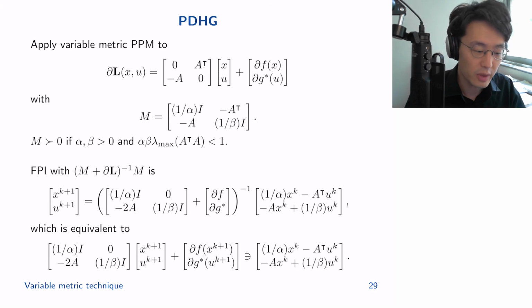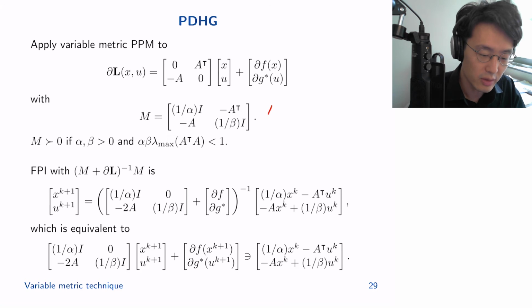To verify that the matrix M is positive definite, we can use the Schur complement. So this is verified with the Schur complement.